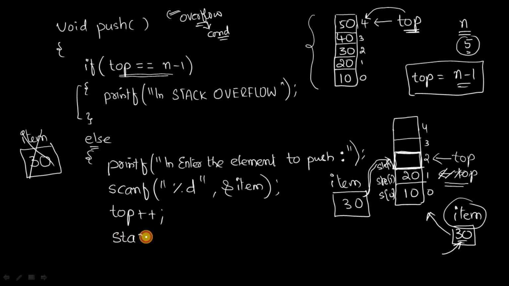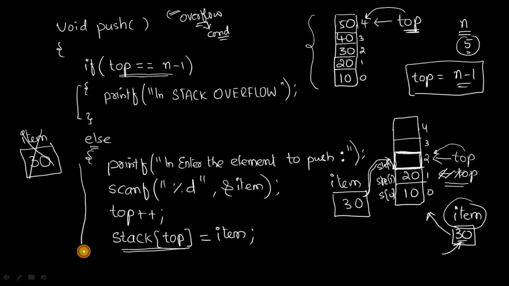So instead of 2, that 2 value was present in the variable top, so I write stack of top. See here, what is the value of top? 2, right. So I am writing stack of top is equal to, and how much does this box have to get? 30. The 30 was stored in a variable called item. So write item.